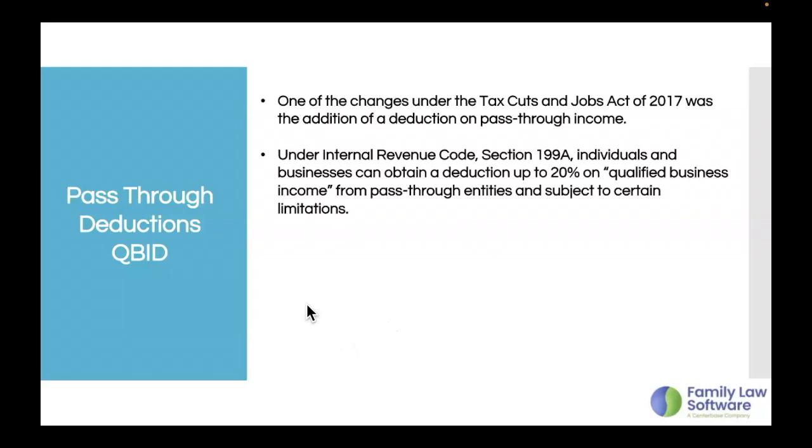But what it is that if you have a business, or you're an individual, if you have a qualified business with qualified business income, you can obtain a deduction up to 20% on that qualified business income from the entities that we just discussed. There's different limitations, like the type of business, and then how much money you have. So there's caps.